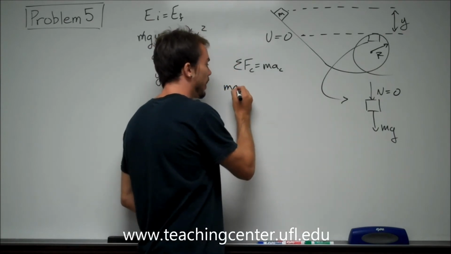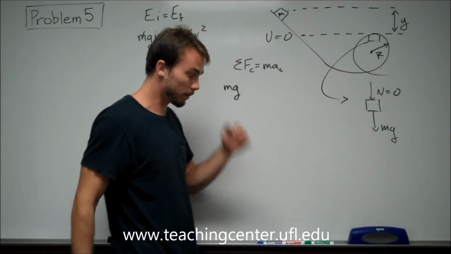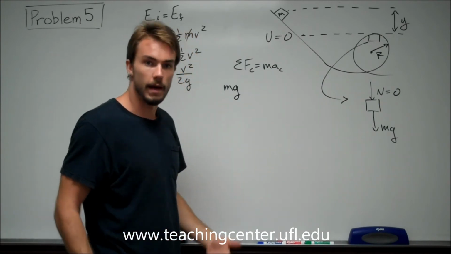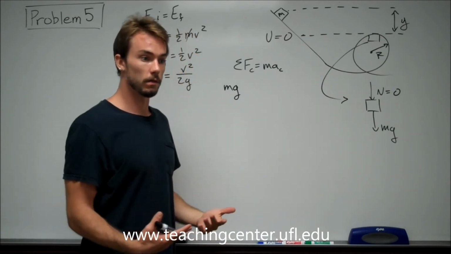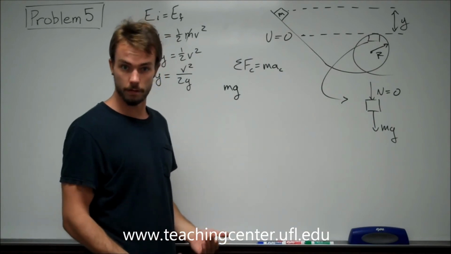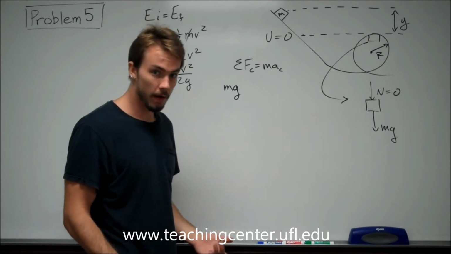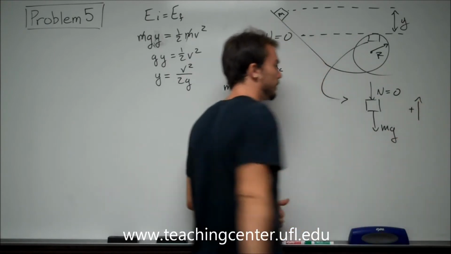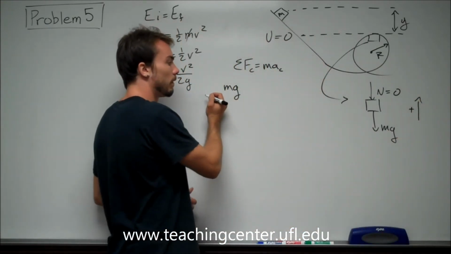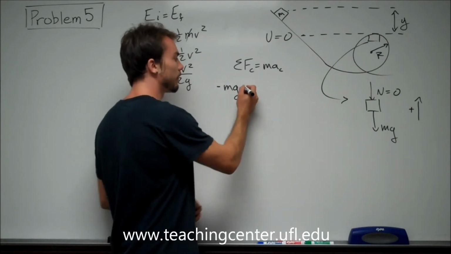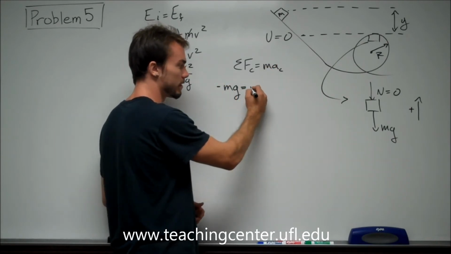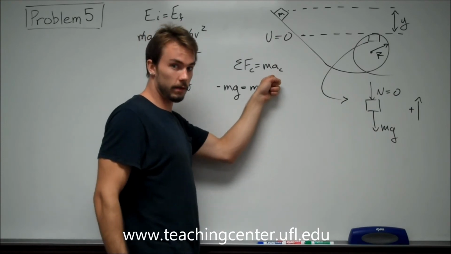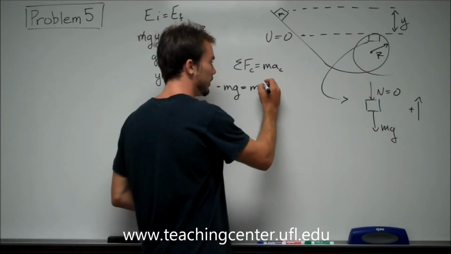As far as positive and negative with your forces, you can do whatever you'd like. You can set up to be positive, or down to be positive. I generally like to call anything pointing radially inwards, towards the center of the circle, positive, but I know a lot of you like to call up positive, so let's do that. So mg pointing downwards would be negative. On the right side of the equation, we have our mass times our centripetal acceleration, and the formula for that is v squared over r.